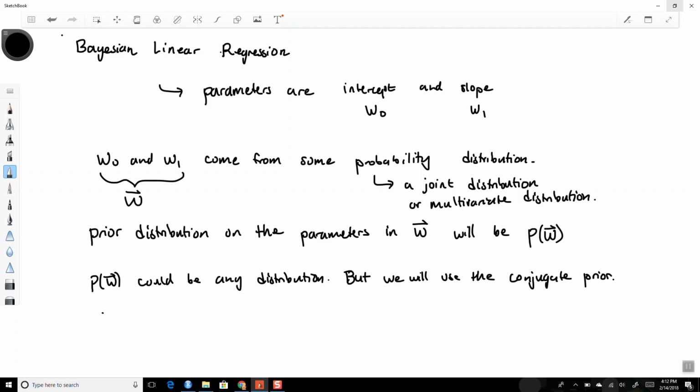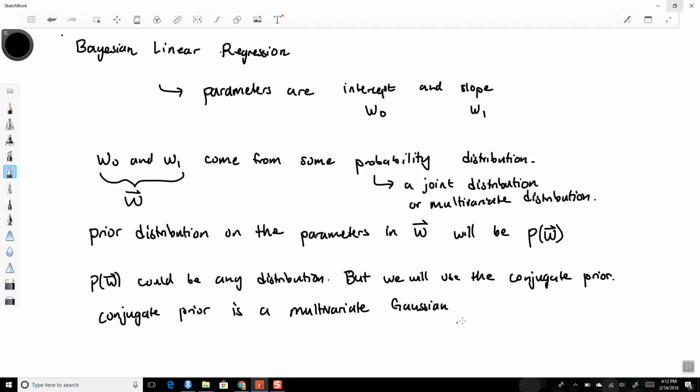And so the conjugate prior is a multivariate Gaussian, or multivariate normal distribution, okay?